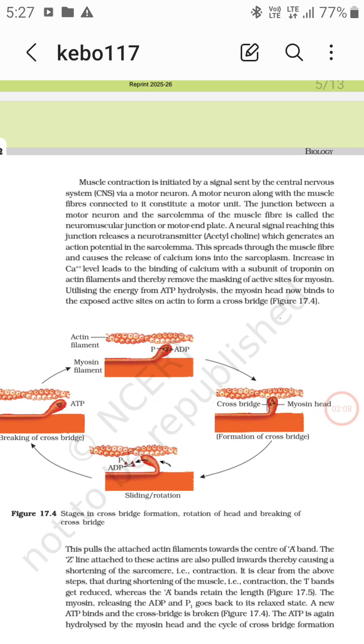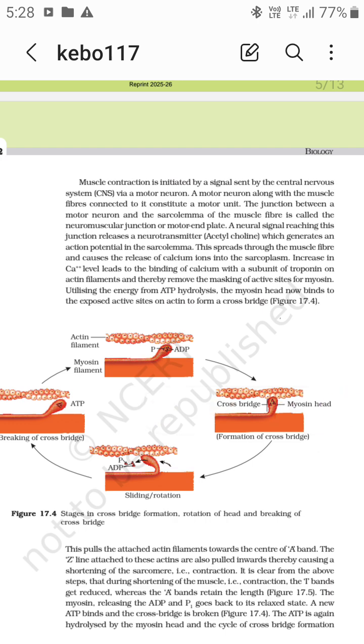A motor neuron along with the muscle fibers connected to it constitutes a motor unit. The junction between the motor neuron and the sarcolemma of the muscle fiber is the neuromuscular junction or motor end plate. A signal reaching this junction releases the neurotransmitter acetylcholine, which generates an action potential in the sarcolemma. This spreads through the muscle fiber and causes the release of calcium ions into the sarcoplasm.